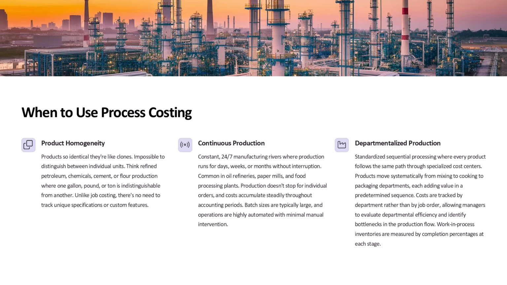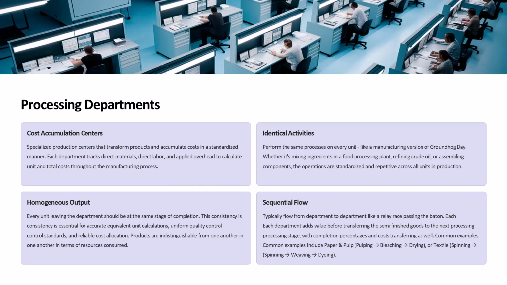Using job order costing in these environments would be like using a spoon to dig a foundation. Technically possible, but practically insane. To learn accounting, you must do accounting, and process costing is the only practical accounting system when these 3 characteristics define your manufacturing reality.